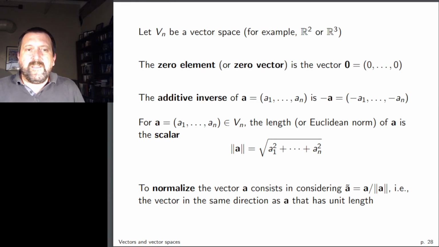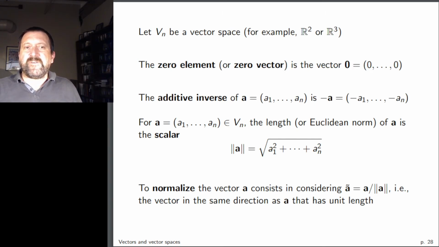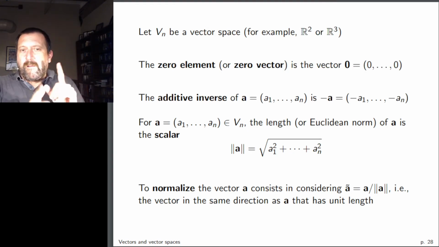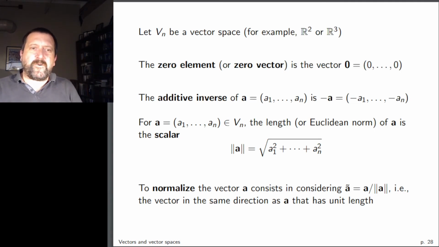The additive inverse of a vector A is minus A, which has the components of A with a minus sign. And you can see that if you add A and minus A, component by component, you're going to get A1 minus A1, A2 minus A2, and so on until An minus An, and so you'll get the zero vector. So that's indeed how the additive inverse is defined.